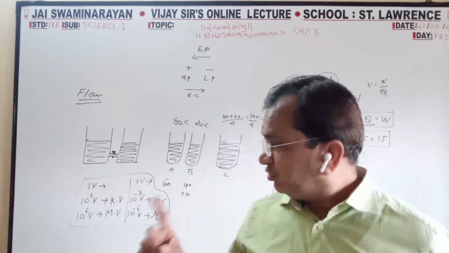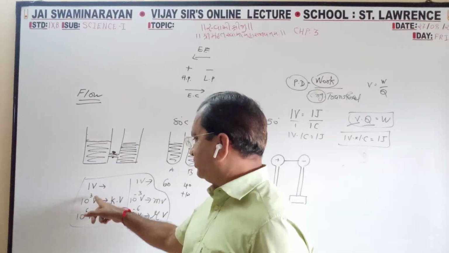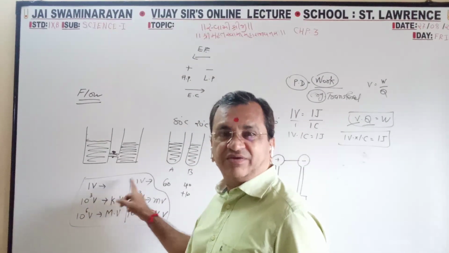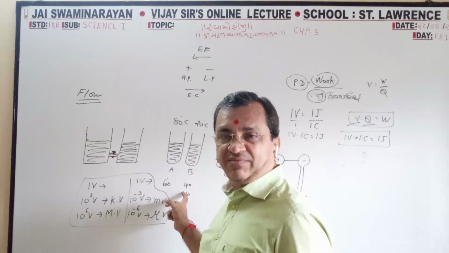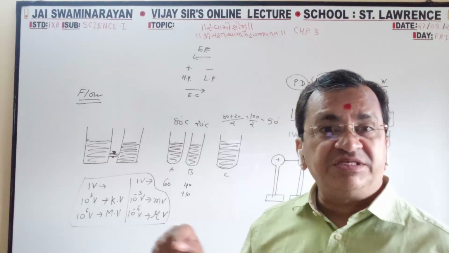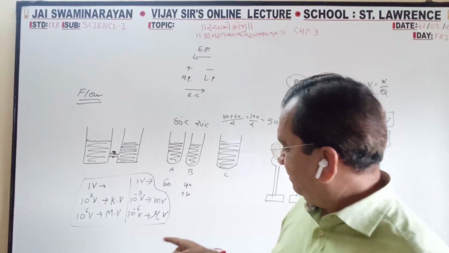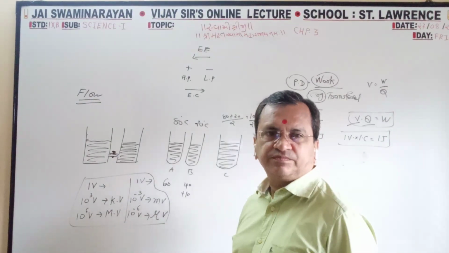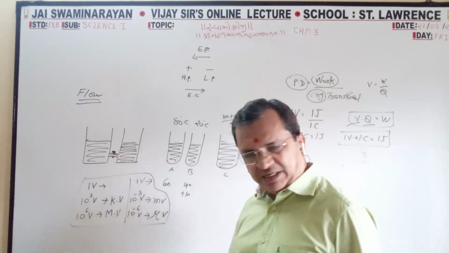So you have to read minus or plus. If it is plus 3, kilo. If it is minus 3, milli. If it is plus 6, mega. If it is minus 6, micro. This m and this m are different.